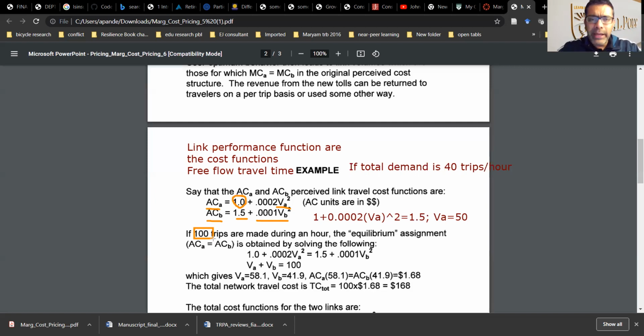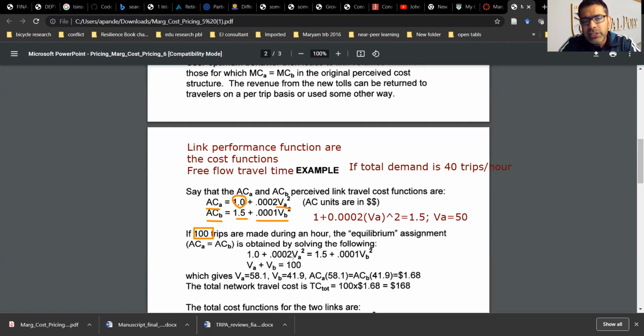Okay? And then that way, you can solve 1 plus 0.002 VA squared equals 1.5 plus 0.001 VB squared. And then your VA plus VB is equal to 100. Now it's two equations, two unknowns. And I think we solved this problem in CE 321 class, but we solved it using a little bit simpler equations, the traffic assignment problem.